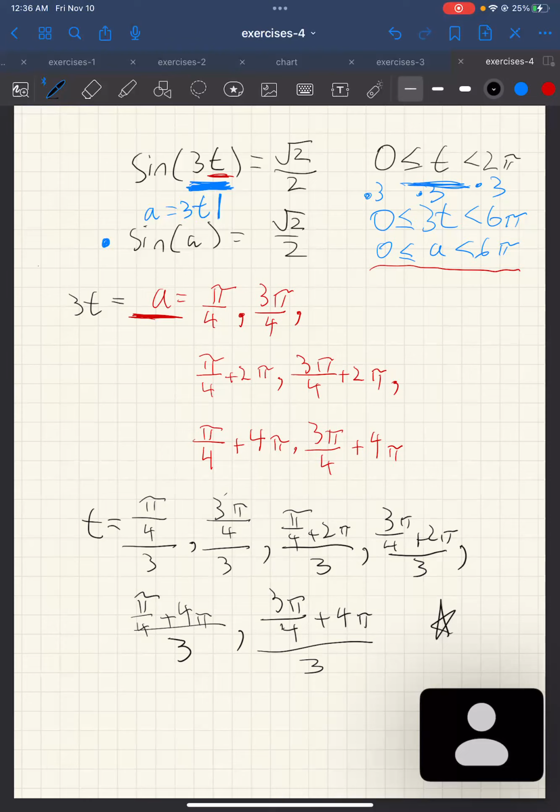So this is our answer here. These 6 values are what we get for t.